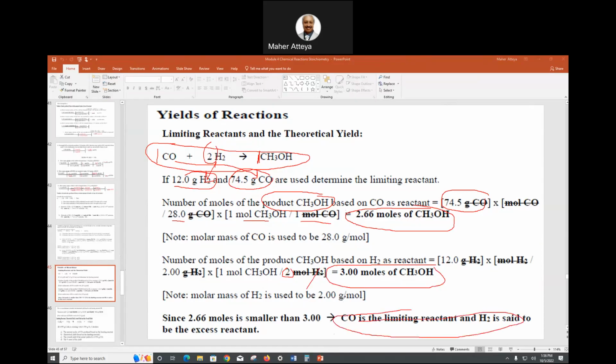And hydrogen is the excess reactant. Limiting means consumed 100% during the reaction, so you won't have any carbon monoxide present. However, you will see part of the hydrogen, correct? Can somebody tell me how much hydrogen will be left after the reaction? How much, at least? From the products, you can tell, 3 minus 2.66 gives you the difference in number of moles.